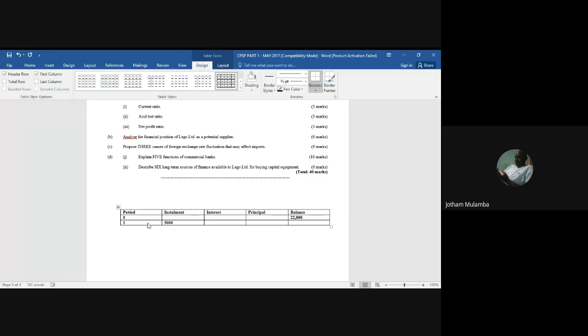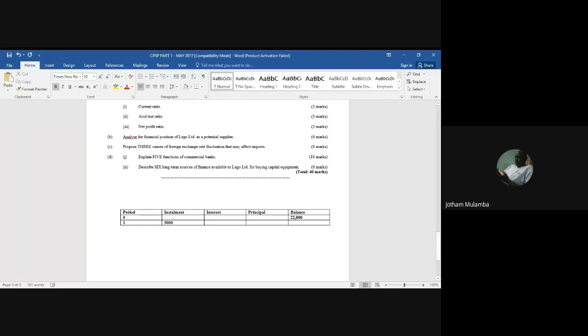Now, because they are paying 10%, what's 10% of 22,000? 2,200. So interest will be 2,200.